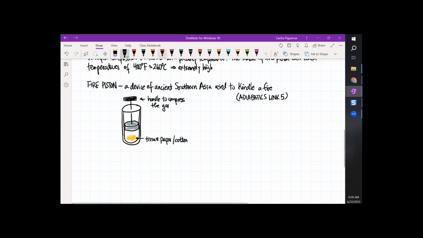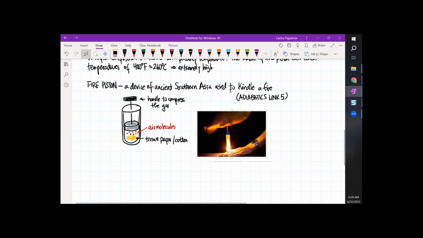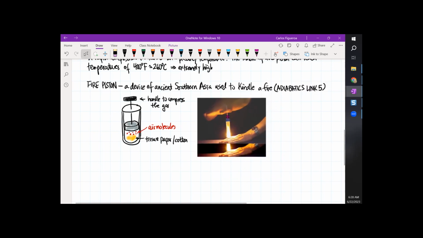Then what you have in here is a series of air molecules. Now, if you compress this fast enough, here's a high-end image. Here's an image of the compression, and you can see that it definitely lights up.